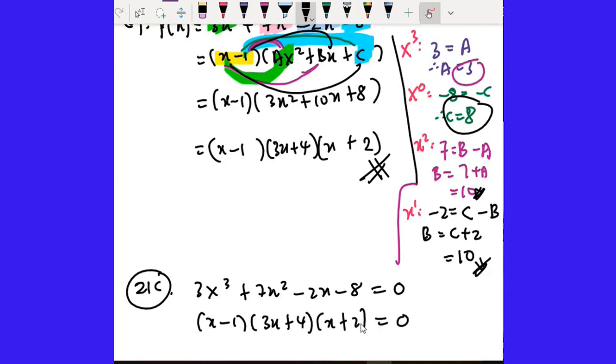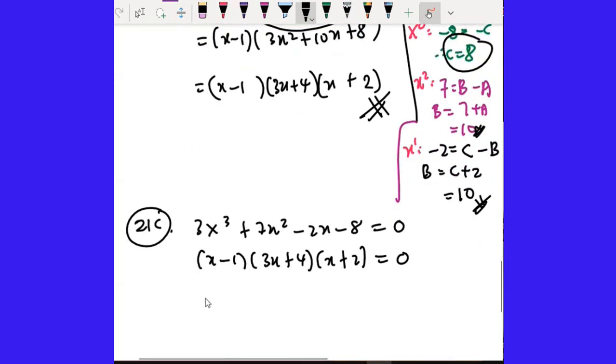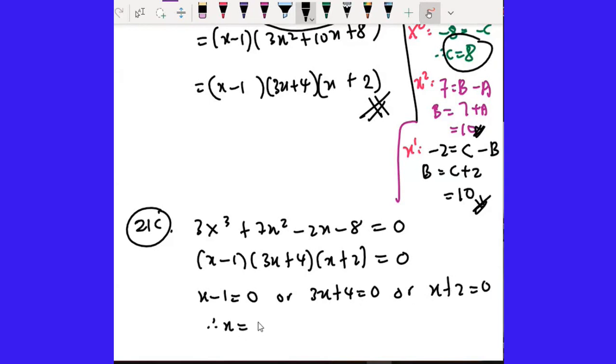Then means that you need to find root. Therefore, x minus 1 is equal to 0, or 3x plus 4 is equal to 0, or x plus 2 is equal to 0. Therefore, x is equal to 1. Therefore, x equals -4/3. Therefore, x equals -2. Settle for part 21C.